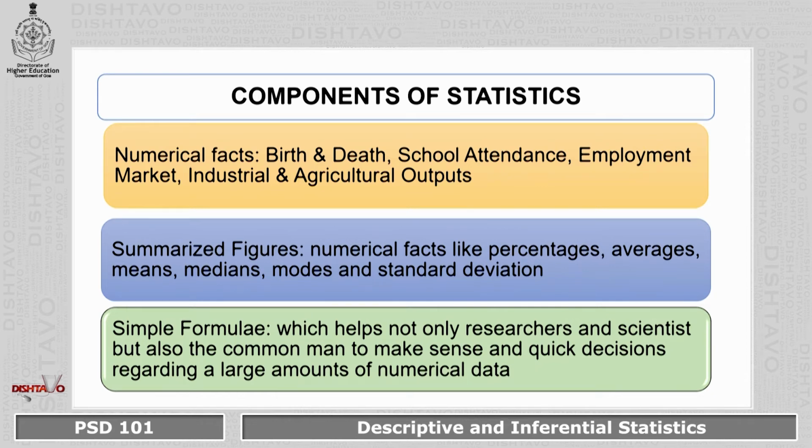We go to the next segment, the components of statistics. The components of statistics are of 3 types. The first one is a numerical fact. Our birth and death is a reality that occurs in our society. We are given a document to show that we have been born, or when someone expires, we are given a document to show that they are dead.